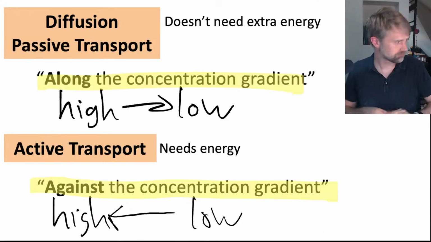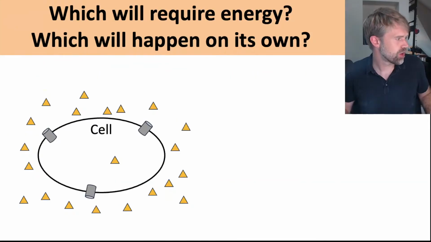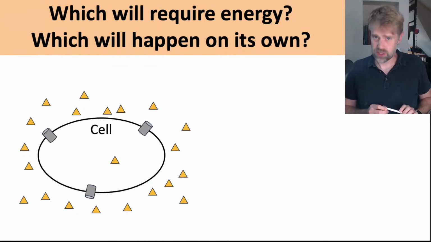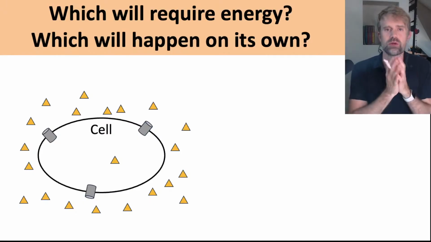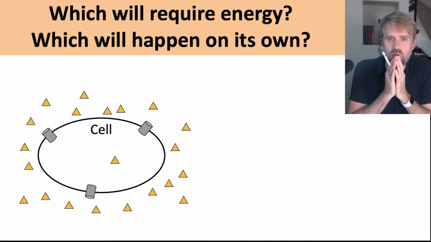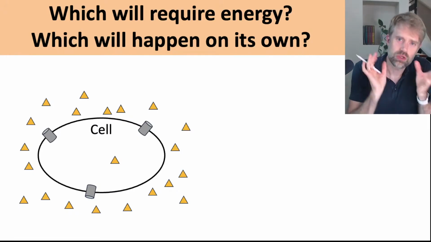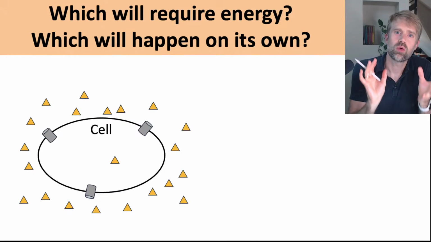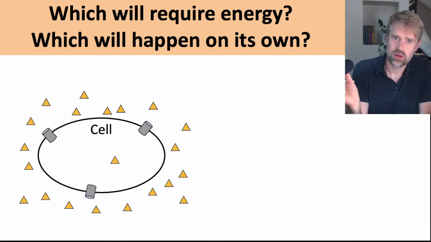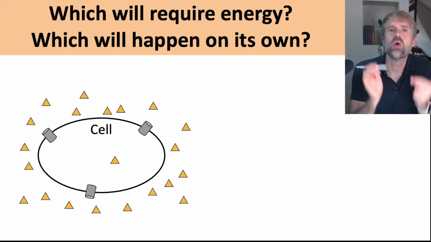Okay. Let's do a couple quick examples. Here we have a cell. We have some yellow triangles, which can move in two directions. They can go into the cell or they can move out of the cell. Which direction will require energy and which direction will happen on its own?